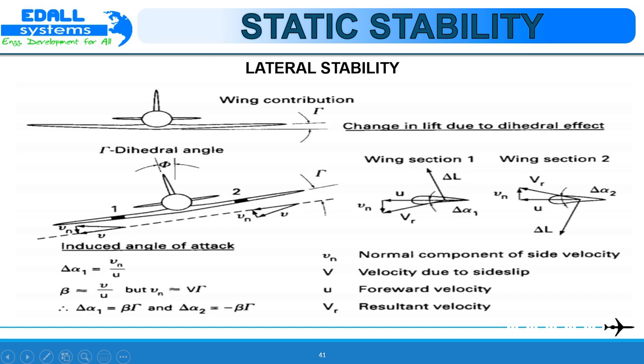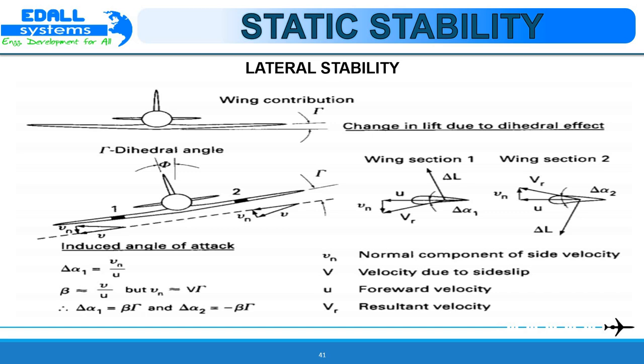Assuming that gamma is a small angle, the change of angle can be written as delta alpha is equal to beta gamma. Here on the left wing we have delta alpha 1 is equal to beta gamma and delta alpha 2 is equal to minus beta gamma, which says the angle of attack on the upward moving wing will be decreased by the same amount.